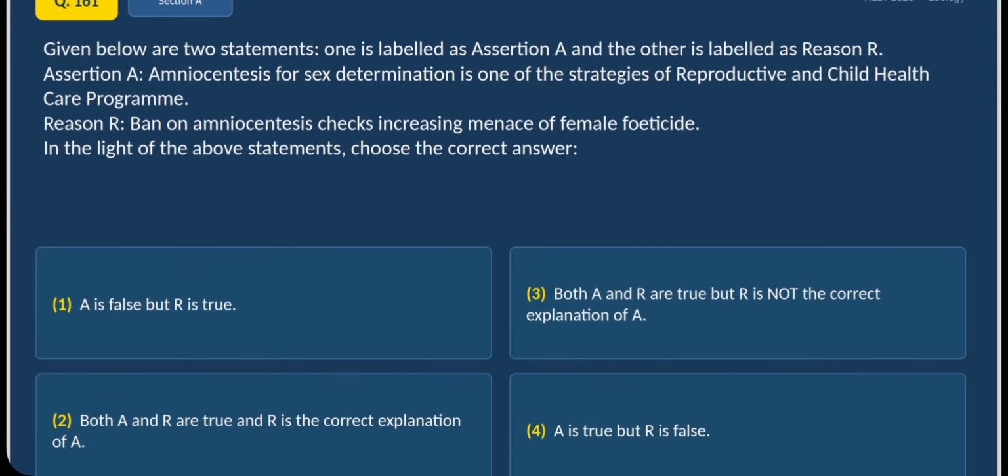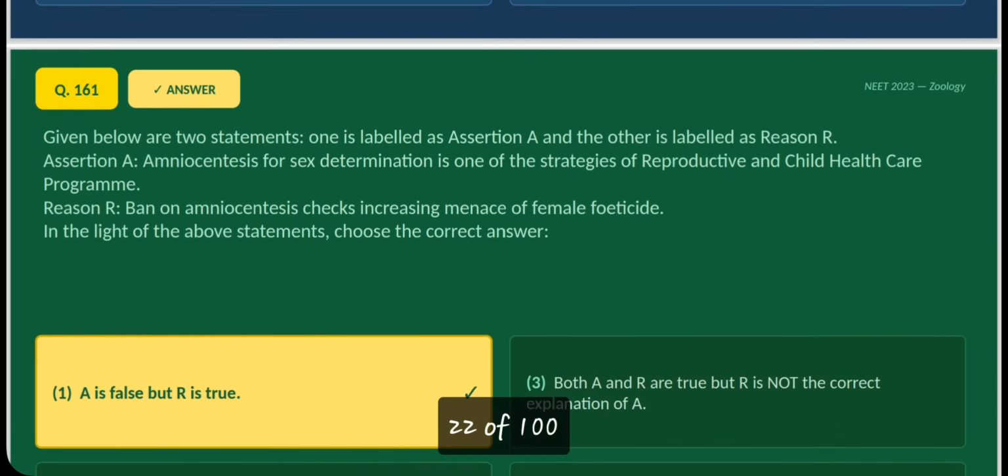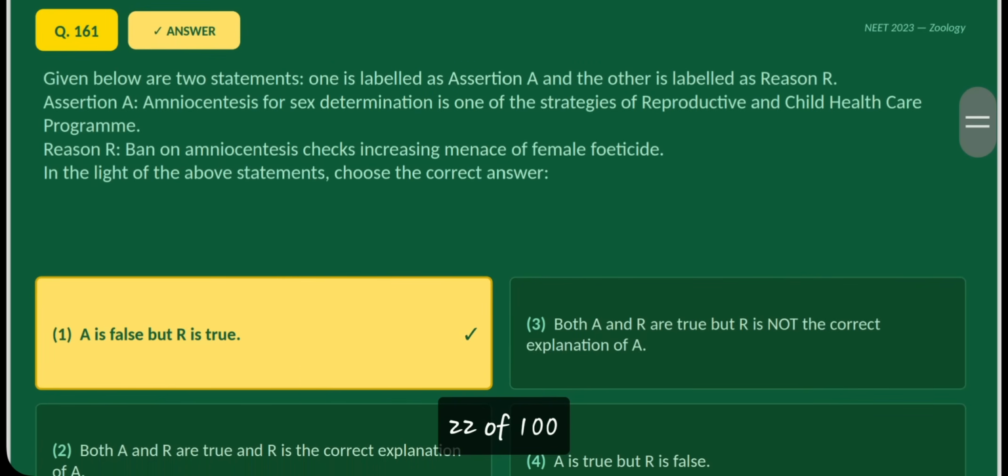So here A is false but R is true. Amniocentesis for sex determination being one of the strategies of the reproductive and child health care program is wrong. The RCH program, it is not a part of it. But the second, reason part of the statement is correct. So A is false but R is true.